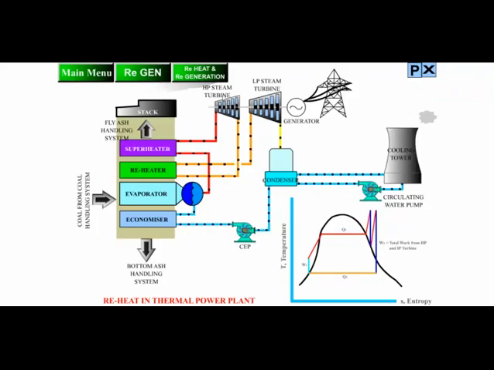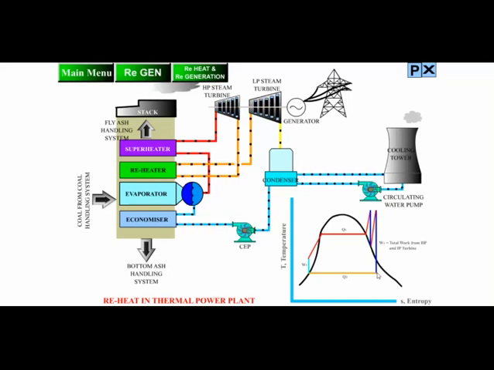This is reheat Rankine cycle. All these processes are the same as what we discussed earlier. So the superheated steam expands into HP turbine. Superheated steam goes to turbine, expands, and after expansion it passes through reheater, and after reheating, the temperature of reheated steam matches with the main steam temperature, and this reheated steam is again sent to the LP turbine, where it expands.